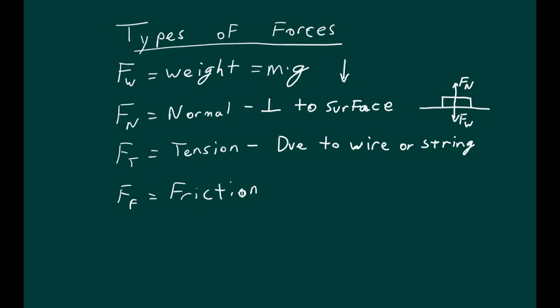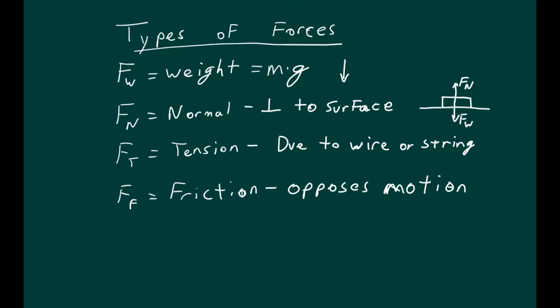And then F sub F here is friction, and that is always the force that opposes motion. And again, I don't know why my pen is acting very strange here. I swear my handwriting is not this bad.